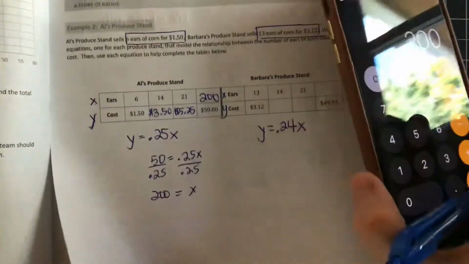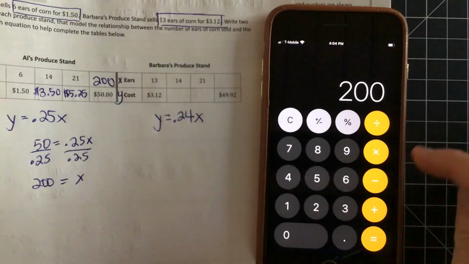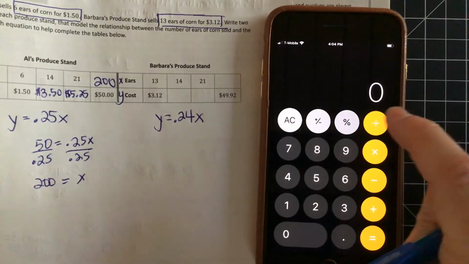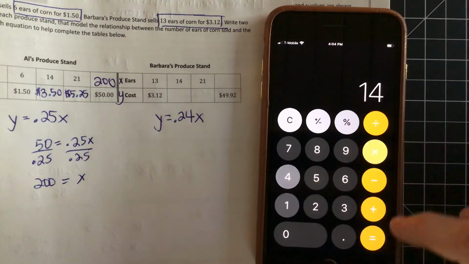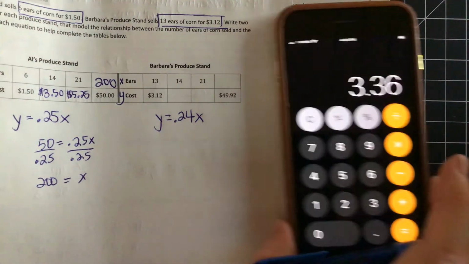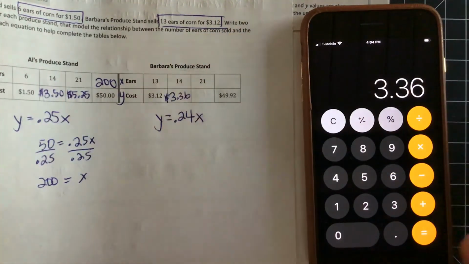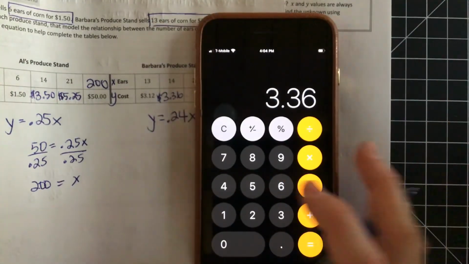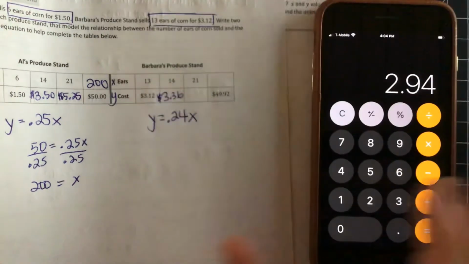Okay, next is Barbara's produce stand. We know it's 24 cents, so we can start to figure that out. We have 24 cents times that 14 is that first one, and that's $3.36. And then we have 21 times 14 is $2.